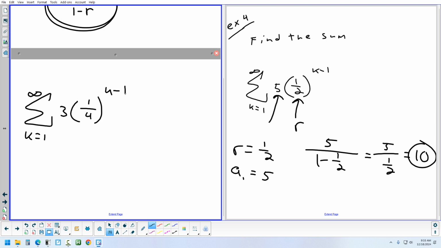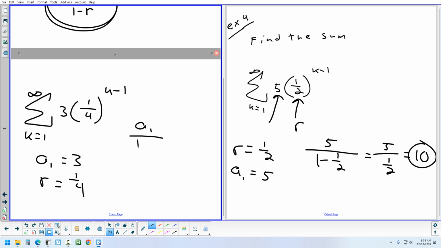It's going to converge. What is the first term, if you plug in 1 for k, in that sequence? Yep, first term is 3. And what is the r value? 1/4. So now fill it into your formula.